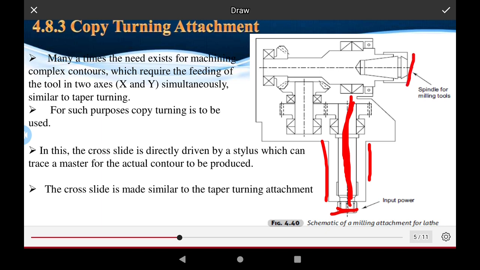This is the spindle of the milling tools, and this is the center of the tools and job. Okay, this is the use of the cutter.